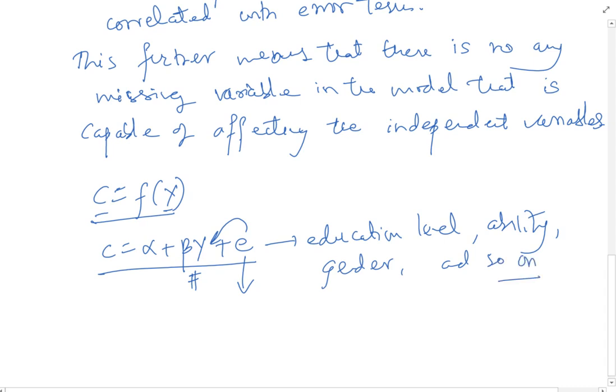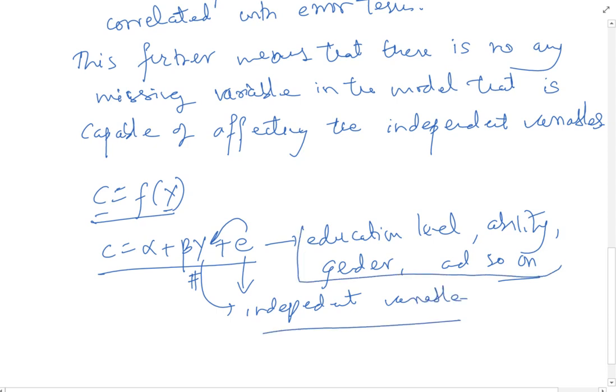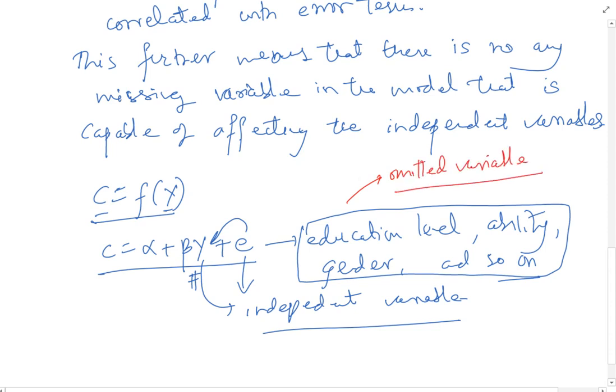And these variables are actually influencing our independent variable. So these variables are missing, and they are called omitted variables. And these variables may cause a serious problem in our OLS estimation.